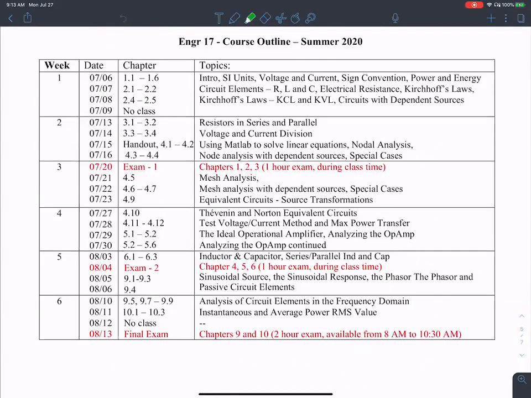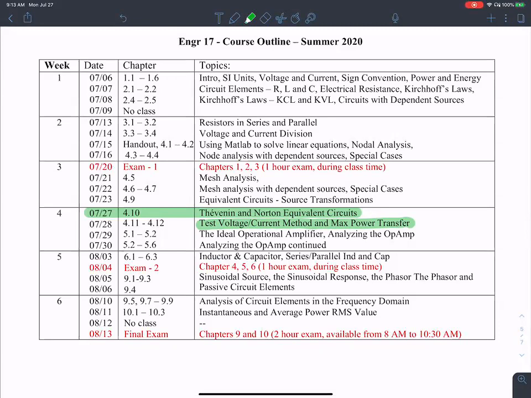Okay, today is the 27th. We covered Thevenin and Norton equivalent circuits. When we come back, we'll talk about the test voltage and test current method, which involves Thevenin's and Norton's equivalent when there are dependent sources, and we'll use superposition and the maximum power transfer theorem.